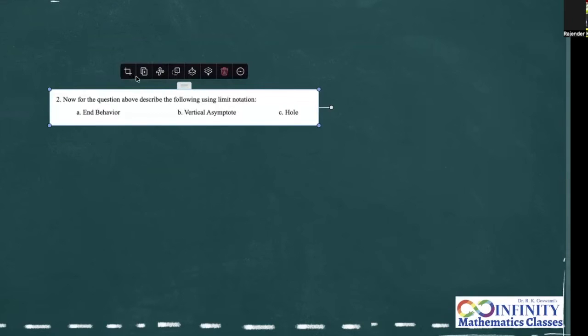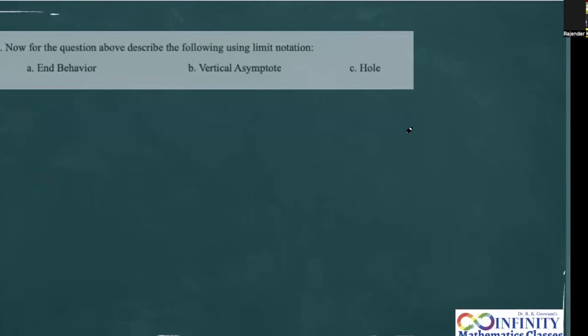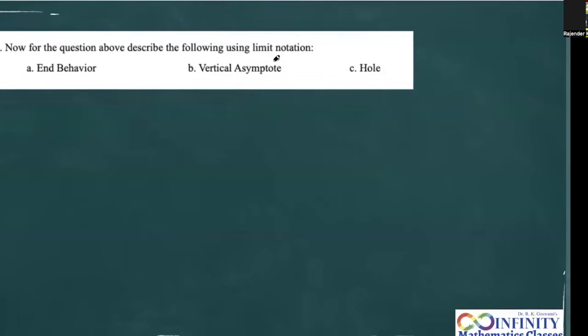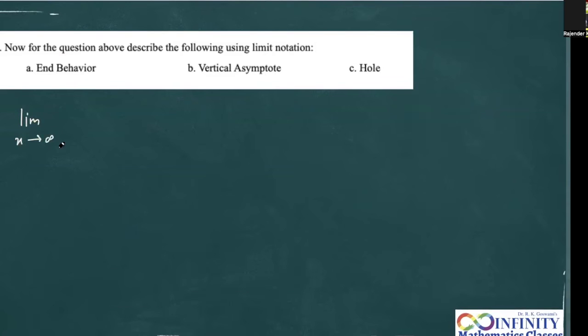Now let us go to the next question. The concept of whole, I need to check what they mean by the concept of whole. Then after I can get back to you. Other than that, for the question above, describe the end behavior using limit notation. The meaning of end behavior is whenever you take x tends to infinity, what is going to be the value of f(x), and what if you take x tends to minus infinity.